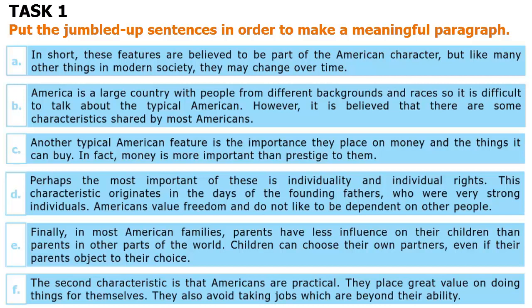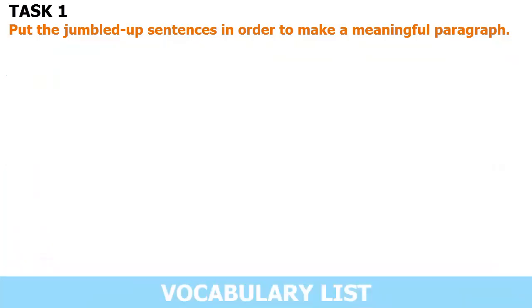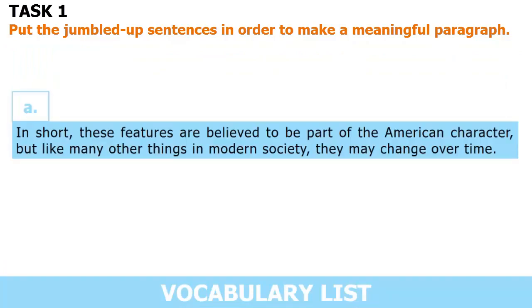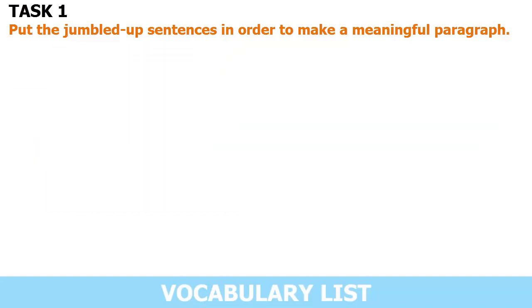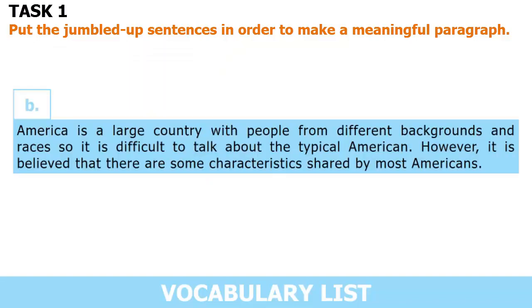Now, I will show you the meanings of some new words. Look at the first sentence. Do you know the meaning of feature? A feature is a typical quality of something. The Vietnamese meaning is điểm đặc trưng. In the next sentences, we have the word characteristic. What does this word mean?